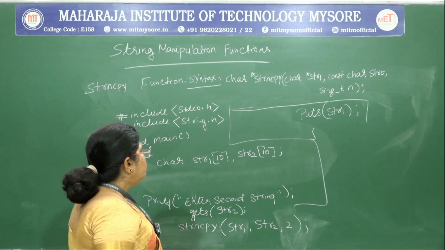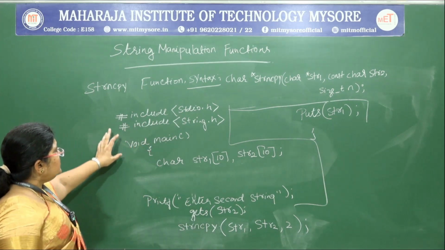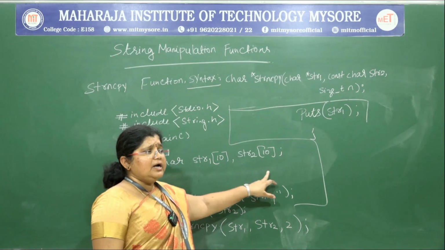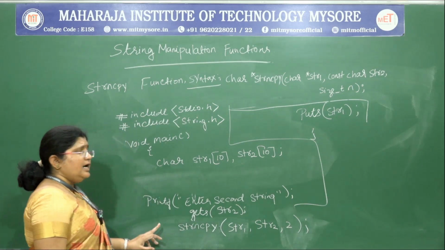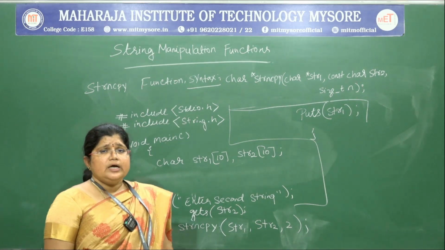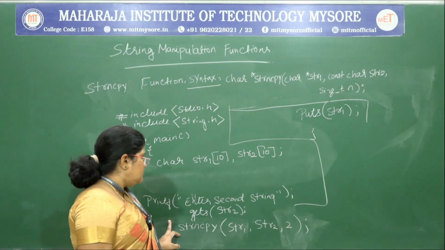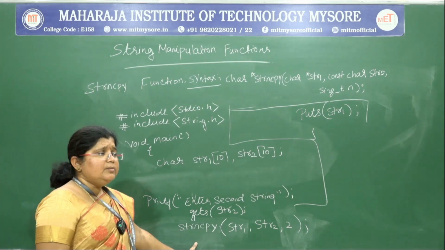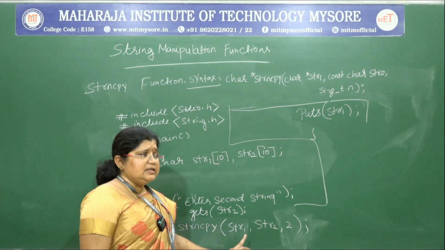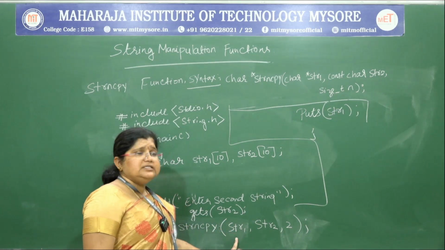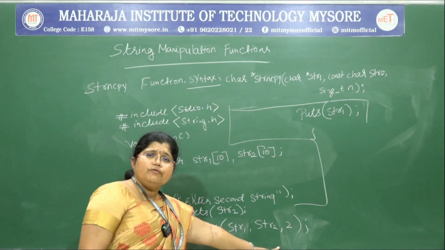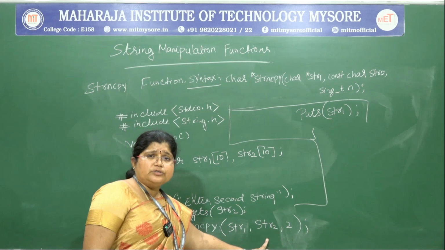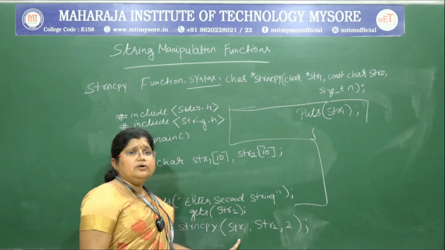Now when we look at this program, in the same manner we have two strings, str1 and str2, and we enter str2 by using the gets function. Now the strncpy function is executed with three parameters: str1, str2 and the number of characters, which must be copied from the source str2 to str1.